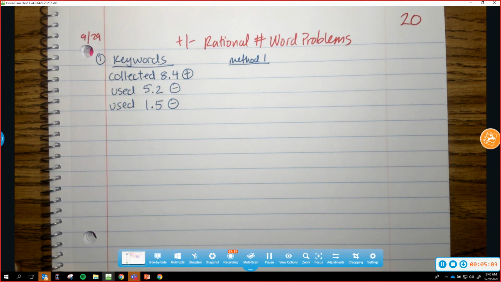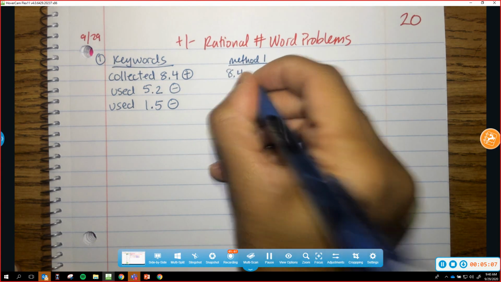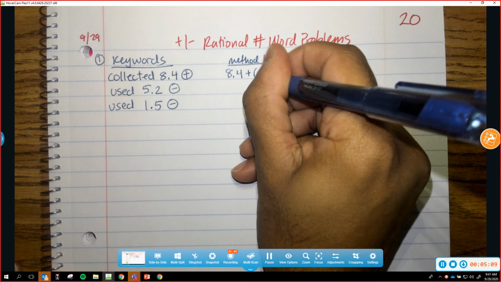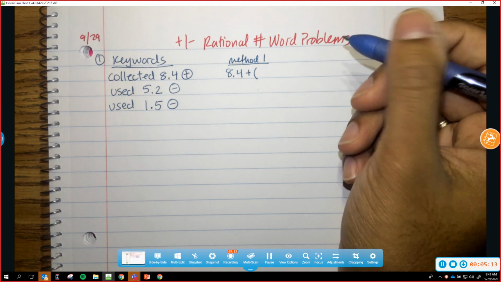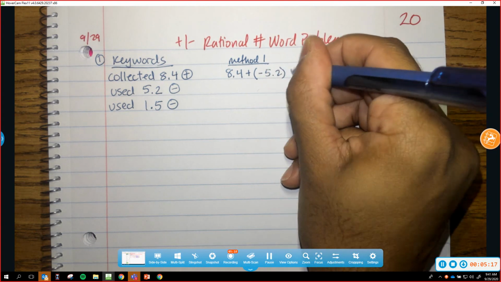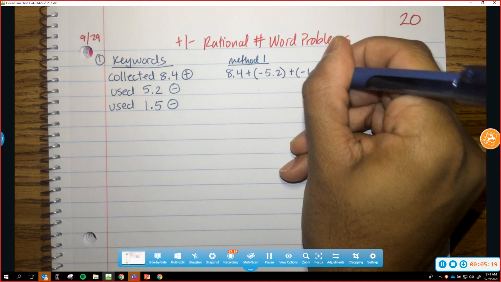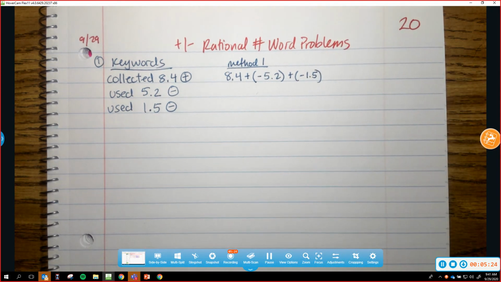There's not just one way. So Tolene said we would take the 8 4/10, and then we're going to take away the 5 2/10 and the 1 5/10. Now, I'm going to add these as negative numbers. When I add them as negative numbers, that's going to be taken away from 8 4/10, because remember, different signs, I have to subtract the two numbers. So I wouldn't get the same answer, I get a different answer instead.